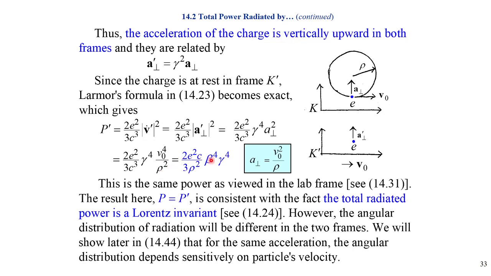However, the angular distribution of the radiation will be different in the two frames, of course. We will show later in 14.44 that for the same acceleration, the angular distribution depends sensitively on the particle's velocity.